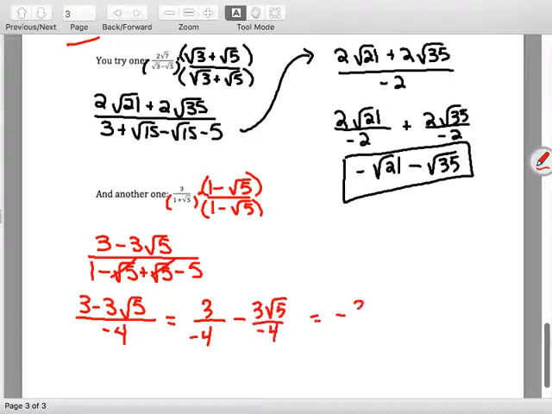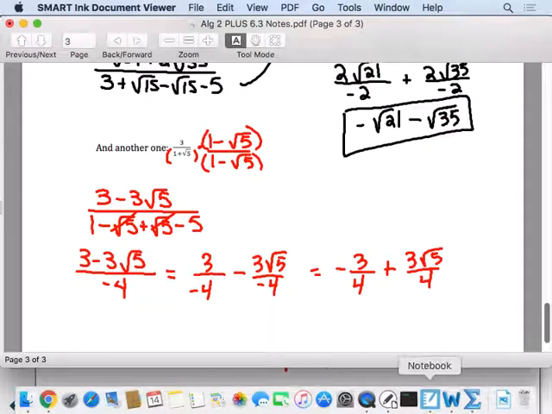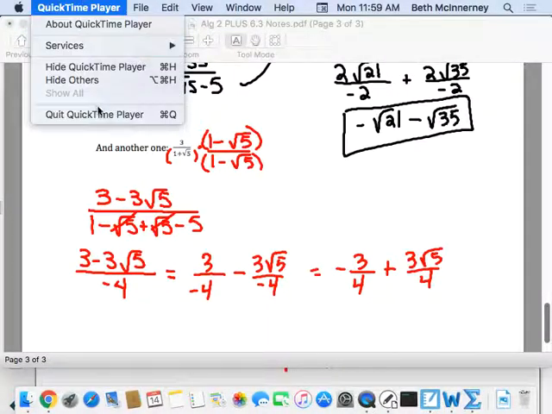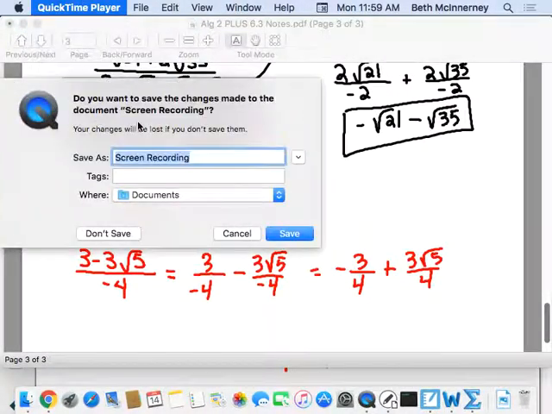So that's negative 3 over 4, and the two negatives cancel. And you get negative 3 over 4 plus 3 radical 5 over 4. There was no reducing on this particular problem. All right, what questions do you have that I could clarify for you?